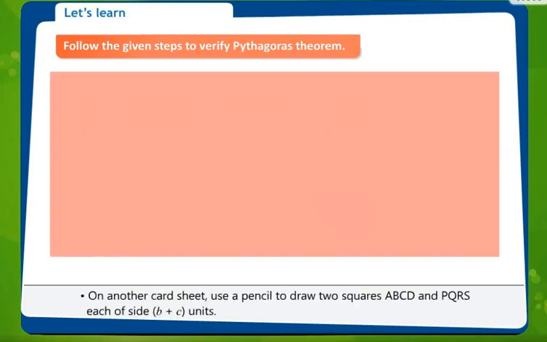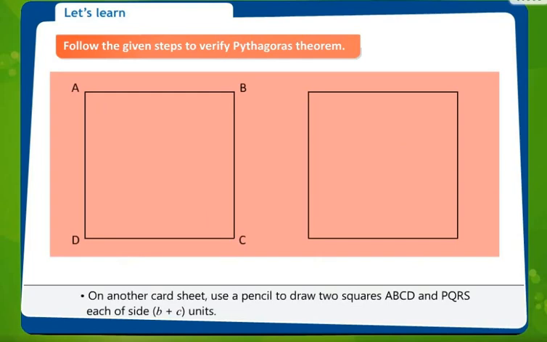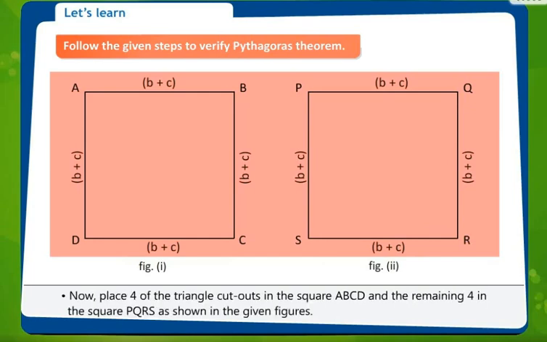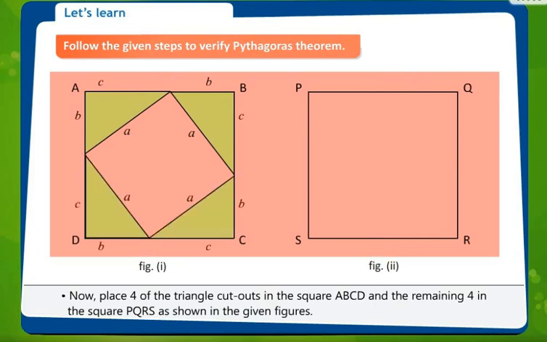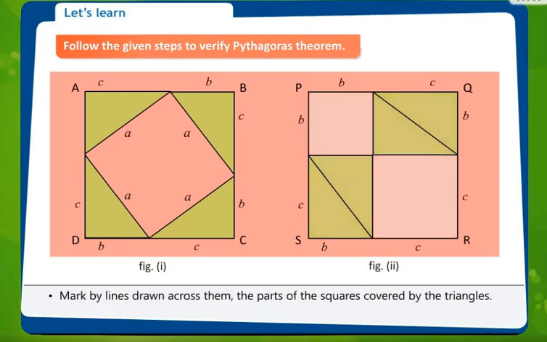On another card, use a pencil to draw two squares ABCD and PQRS, each of side B plus C unit. Let the side of the square be B plus C. Now when you pass a diagonal from the square, you can get right angle triangles, or in this manner also you can see the yellow portion can also be shown as a right angle triangle.